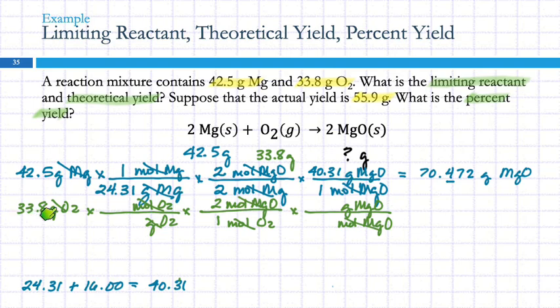Here I have my oxygen measured in grams. I need to see how many moles of it we have. Well, this is O2, so it's 2 times the mass of oxygen. So 1 mole of that is 32.00 grams.